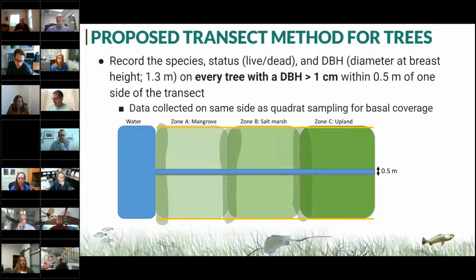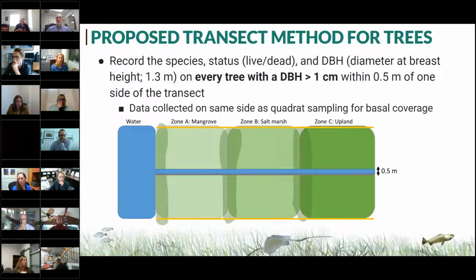So at the smallest tree size, I'm proposing that within a half meter on one side of the transect, the same side where we're measuring the basal cover and the quadrats that Marcus was just discussing, we measure the DBH on all trees that have a DBH of at least 1 centimeter. And DBH is just the measurement of the diameter at 1.3 meters high on the tree.